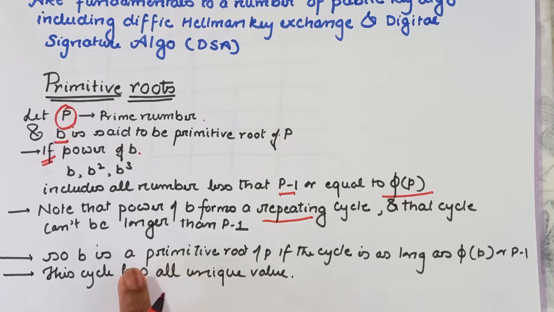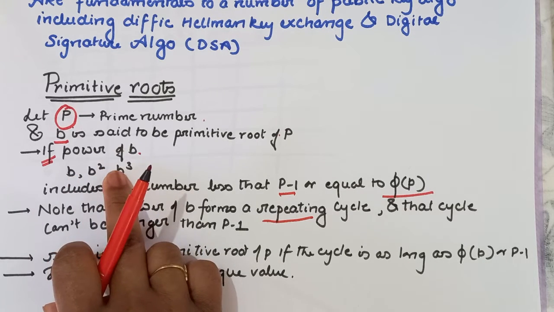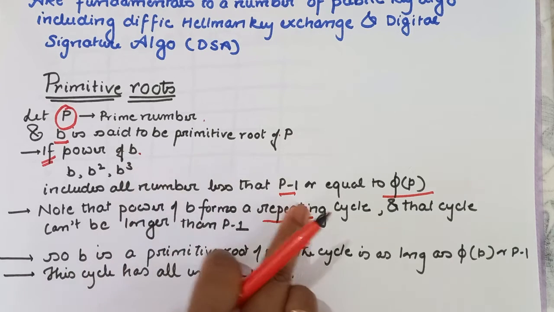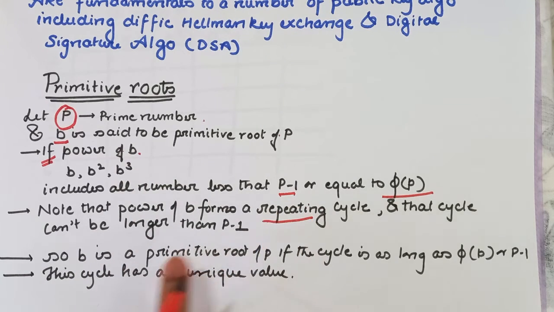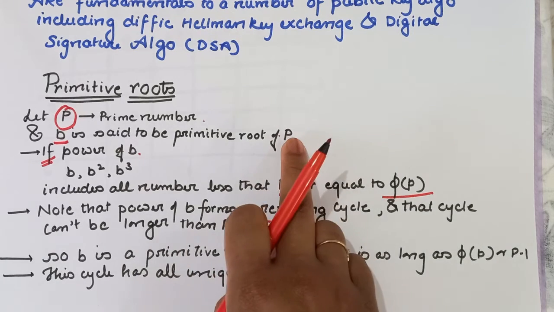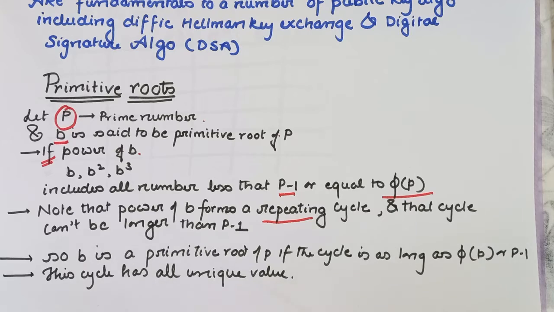You'll see that these powers are going to have cycles, and if the cycle is as long as p minus 1, then that base is going to be called a primitive root of p. And remember that the cycle should have all the values less than p, and all the values should be unique.